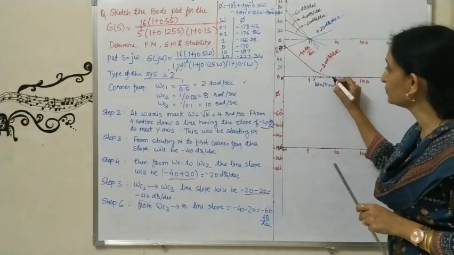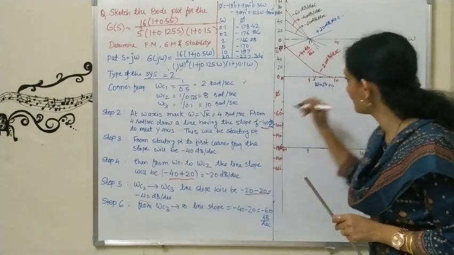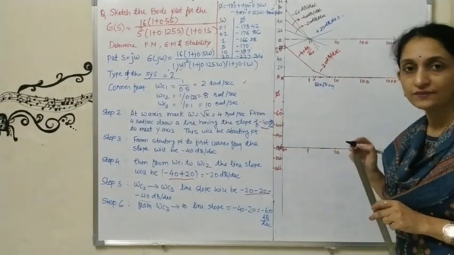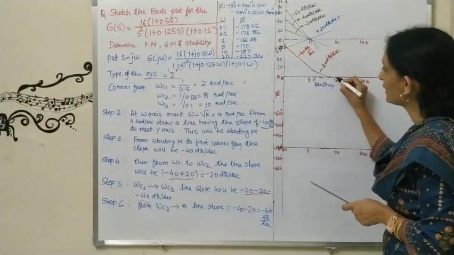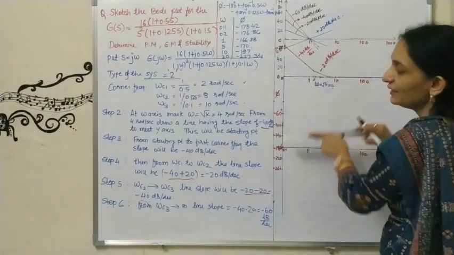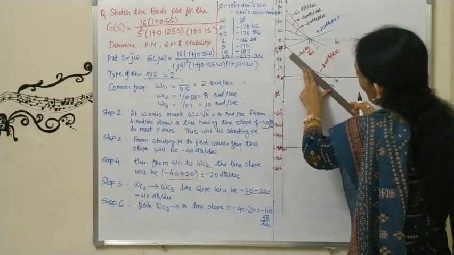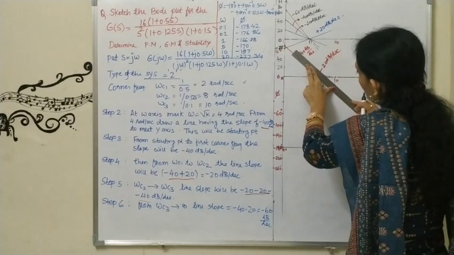So what I will do, from omega C2, that is 8, to the next corner frequency, that is 10, I will draw the line slope of minus 40 dB per decade. Okay. So look at this. This is 10. So again I need a line slope of minus 40 dB per decade. So what I will do, look at this. I will take the same line and I will roll from 8 to 10.